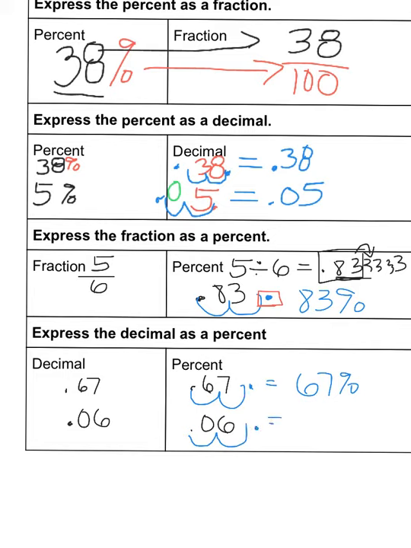And I am left with 6% because it's after the 6. And if I have a 0 in front of a number that's to the left of a decimal, I don't need to include it. So we can see my decimal place started here, and then it moved here, because I moved it 2 to the right.